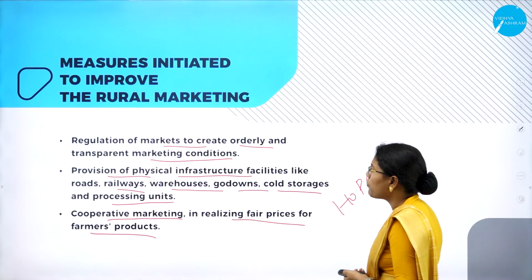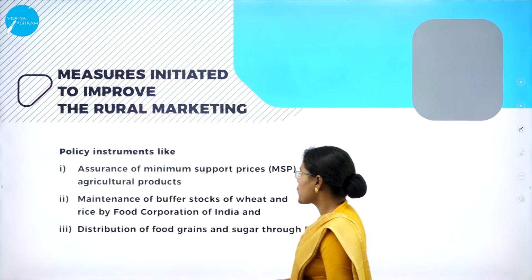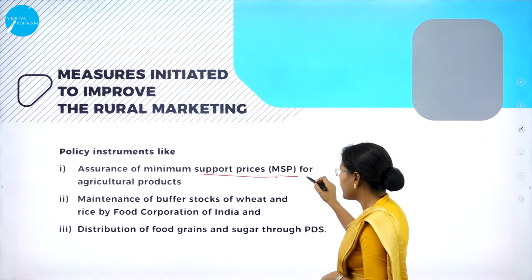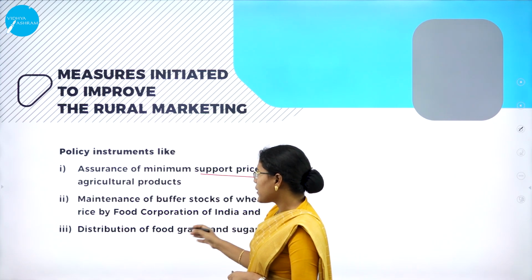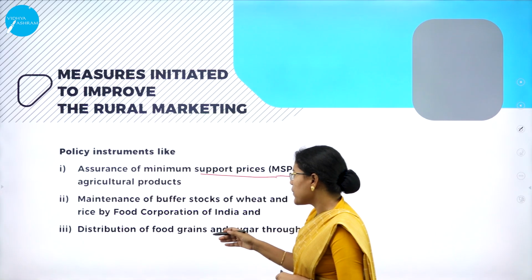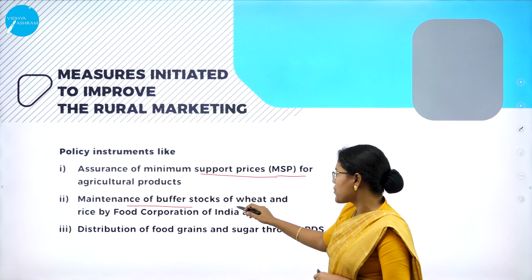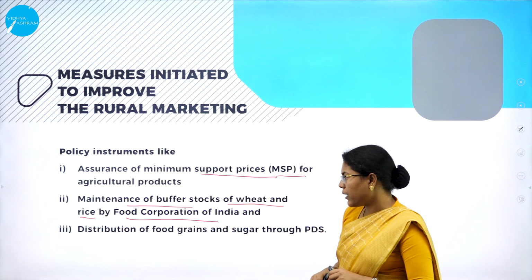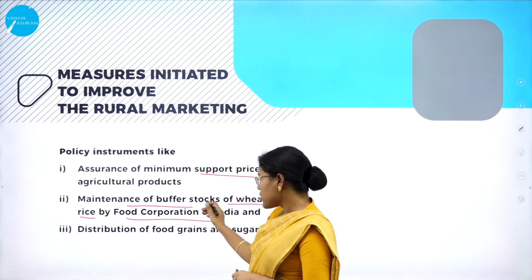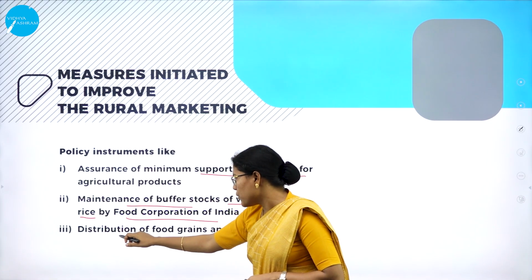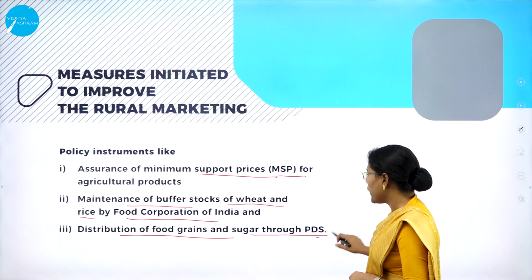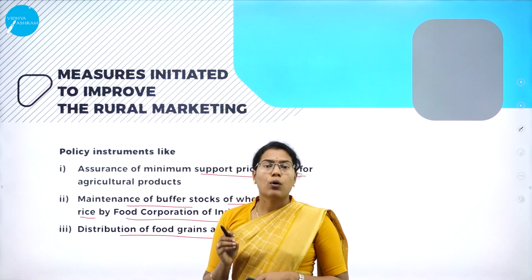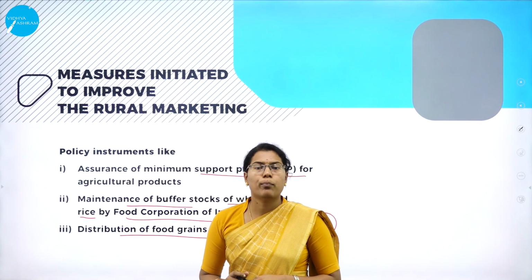So, after the introduction of cooperative marketing, the next one is providing assurance of minimum support prices, that is, it introduced MSPs. These are policy instruments, like one is MSP, the other one is the maintenance of buffer stocks of wheat and rice, particularly by the Food Corporation of India, and not only the maintenance of buffer stocks but also the distribution of food grains and sugar through PDS, that is public distribution system, particularly for those people who are holding the BPL card, that means below poverty line.